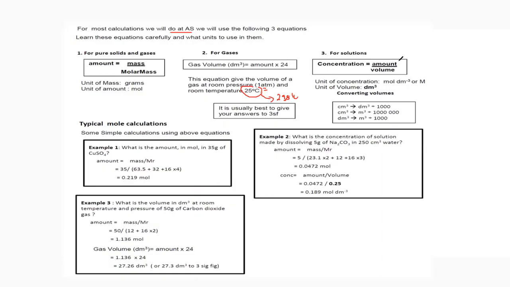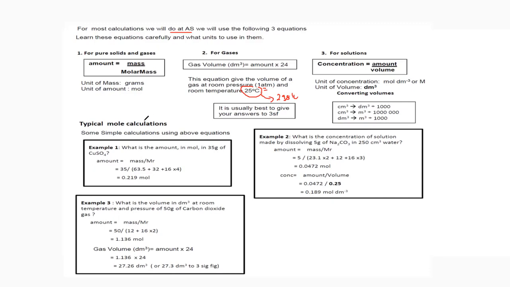For unit conversion, volume should be in dm cube. To convert cm cube into dm cube, we divide by 1000. To convert cm cube into meter cube, we divide by 1 million. And dm cube to meter cube, again we divide by 1000.